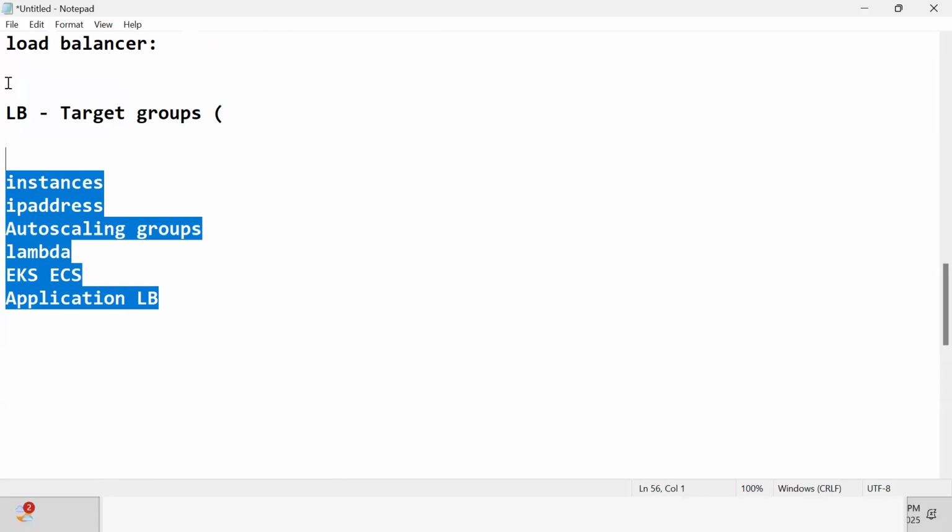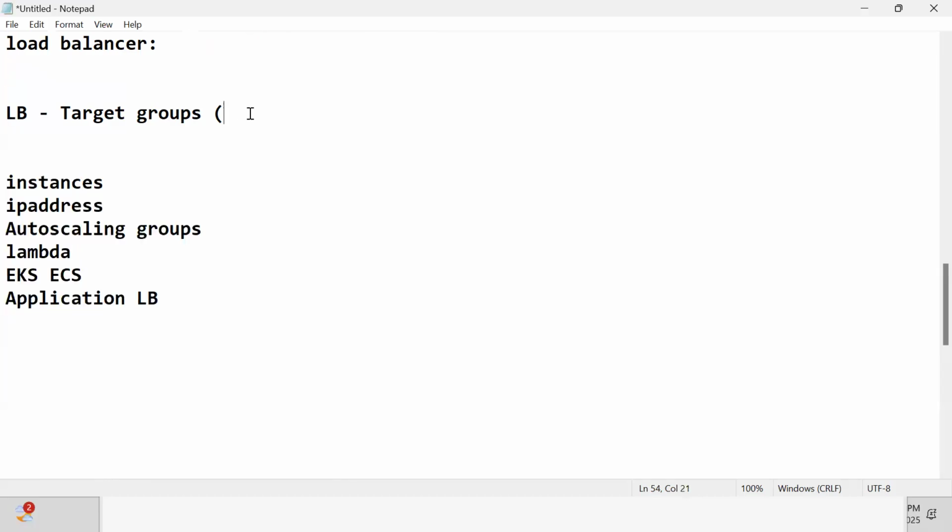Now the user request comes directly to the target group or the load balancer? Where is that user request coming? The user request comes to the load balancer, and the load balancer redirects the load to the target group.